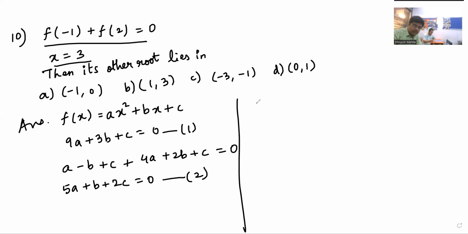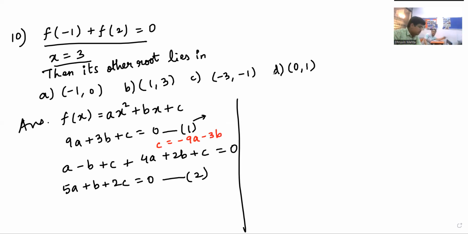The method is that we take any one variable as subject in both, converting this to two variables. For that, tell me the value of c from the first equation. c will be -9a minus 3b.